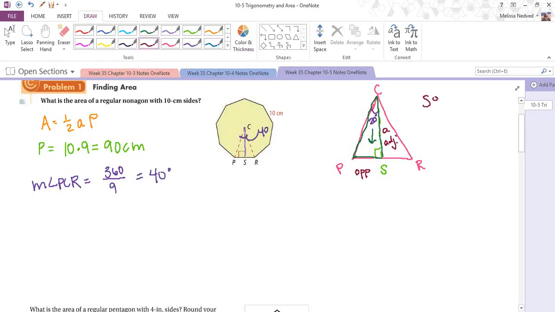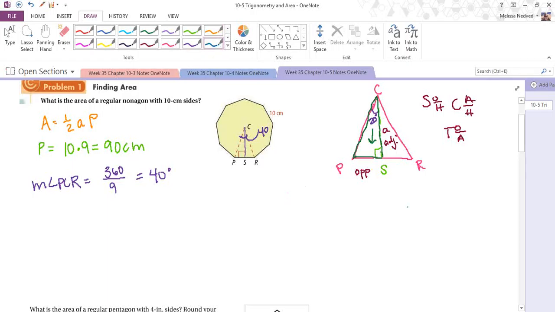Just as a refresher, if you need to write this down at the top of your page, SOHCAHTOA. I need to figure out whether I'm going to use sine, cosine, or tangent to find that apothem. Well, looking at what I know here, I don't know either my opposite or my adjacent, so I'm going to need to find one of those before I can use my trig.